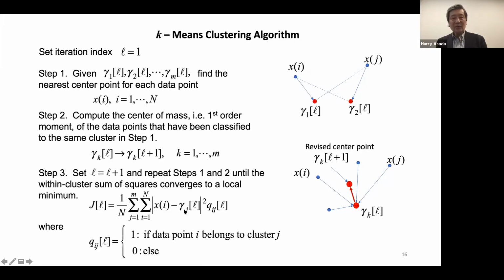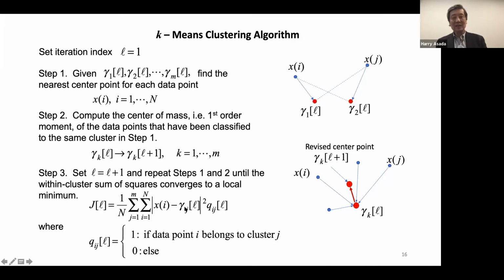How do we collect the points belonging to it? We use this membership index. Q_ij takes the value of 1 if data point i belongs to cluster j.